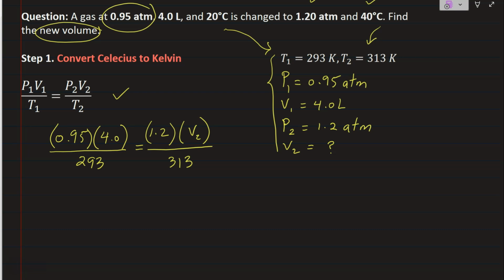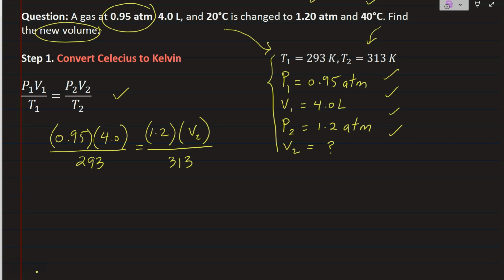I removed the units just for simplicity's sake, but all the units are matching. We checked that already, so we don't have to worry about that. I'll put them back in at the very end. Now, there are a couple of ways of doing this. You can deal with one thing at a time, or you can do it all at once.